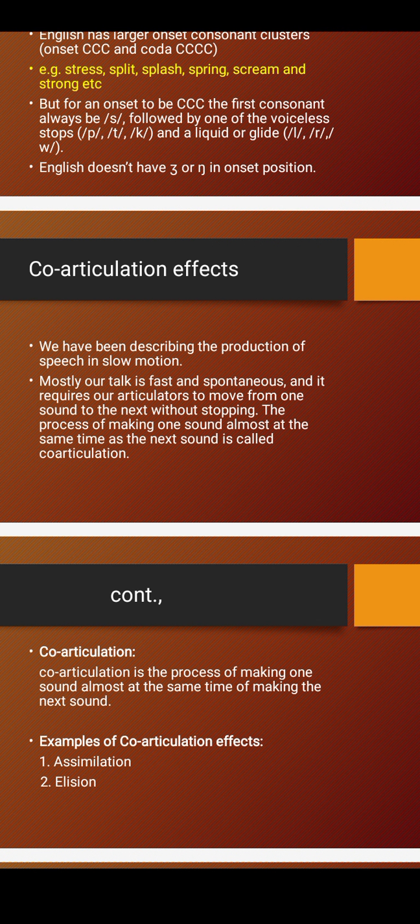Next is the co-articulation effect. Till now we have just discussed the sounds or phonemes or words of the English language in isolation, as an imaginary thing. But we know our everyday speech is not like that. We rarely utter words in isolation. Our speech is usually rapid, and our articulators, before finishing one sound, move toward the next sound and so on.